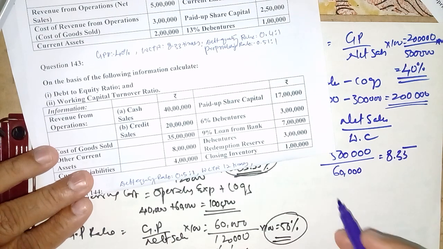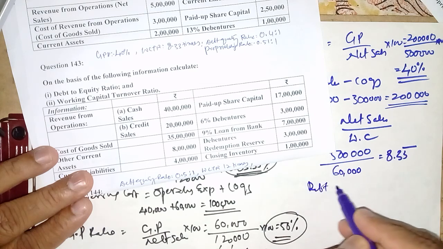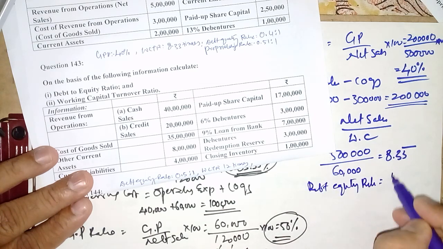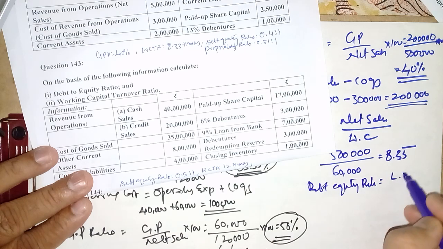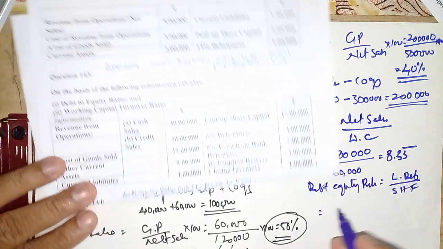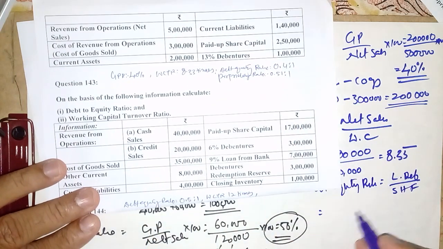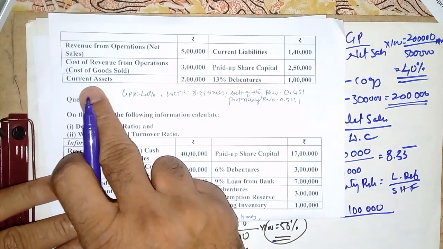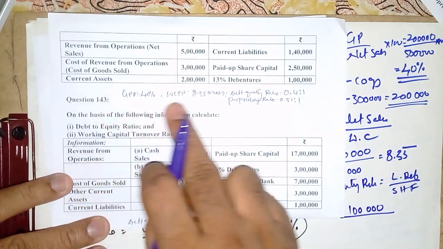Next, after the working capital ratio, the debt equity ratio: long term debts divided by shareholders fund. In this question, what is the long term debt? That is the 13% debenture, 1 lakh. How to calculate shareholders fund?